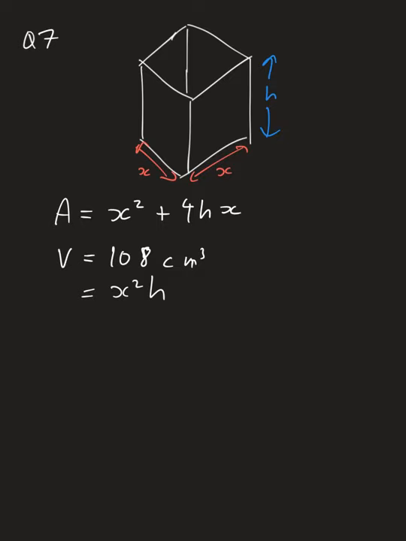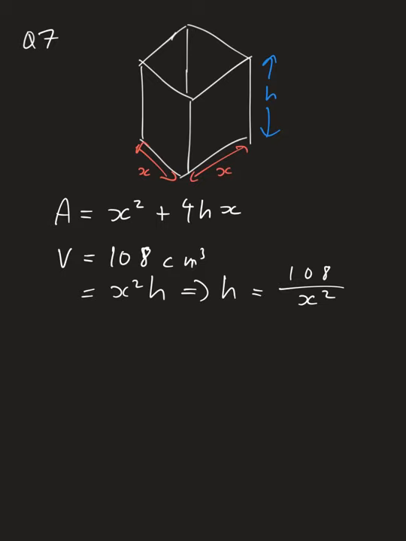The volume of a cuboid is just the product of the lengths of the three sides, so the volume of that box is x squared h. So what I can do with that is say that h is equal to 108 divided by x squared. So I've solved that for h, and I've got h in terms of x.